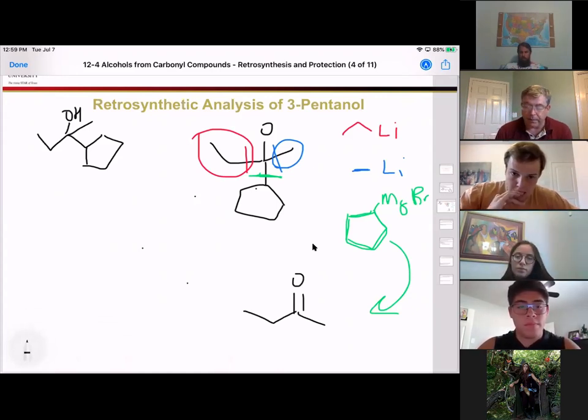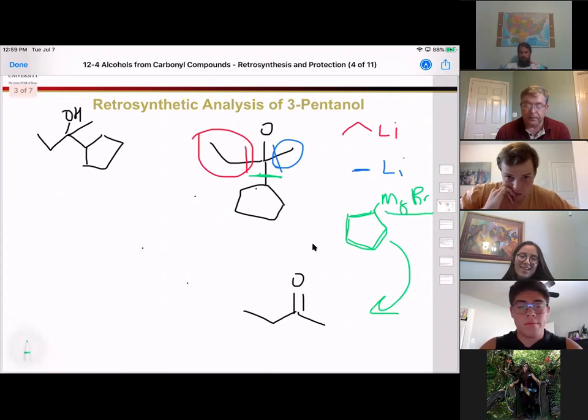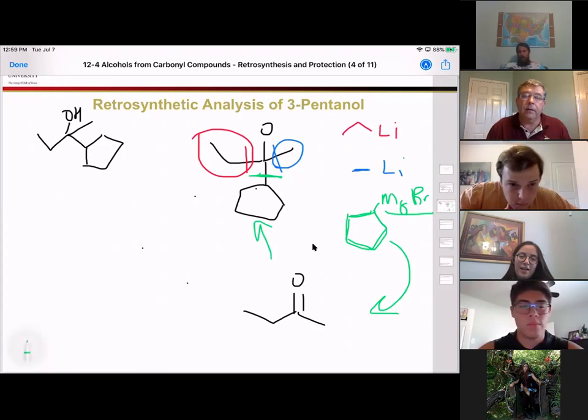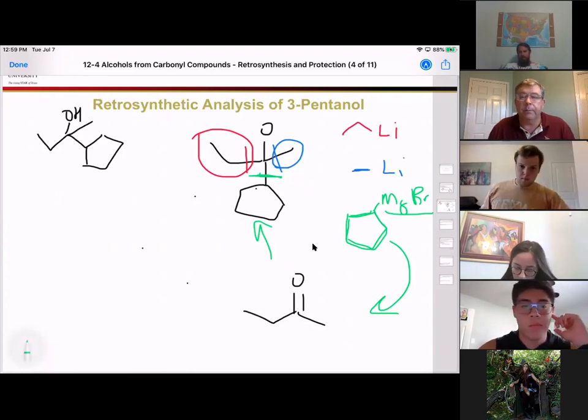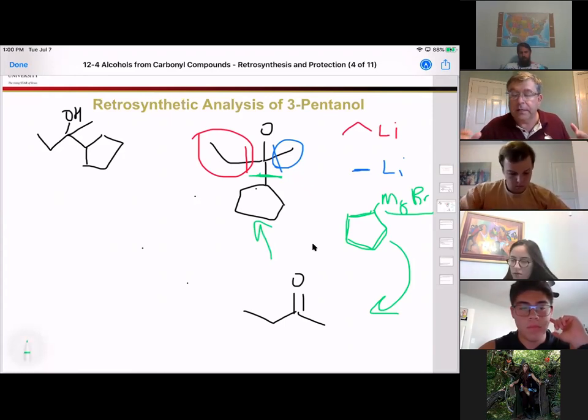And we attacked it with some kind of cyclopropyl organometallic compound to make this system here. Okay, so by looking at your product and knowing you're attacking it with an alkyl metal reagent, you can figure out what your starting materials are. Okay, so that's the whole concept of the retrosynthetic analysis.